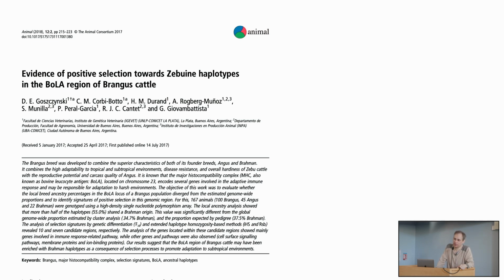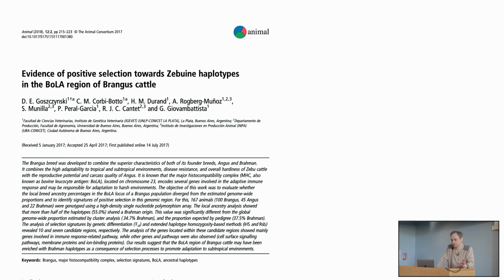Actually, this happens in animal genetics, and you compose a breed to have a positive selection of some features, for example, resistance to heat in tropical areas.